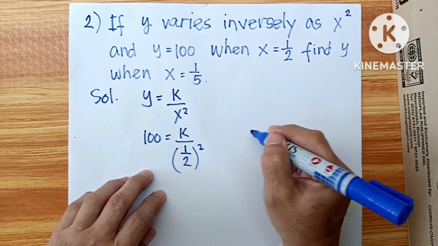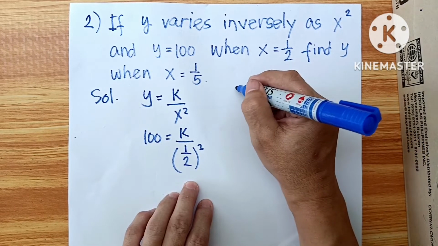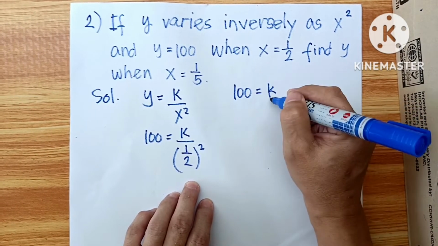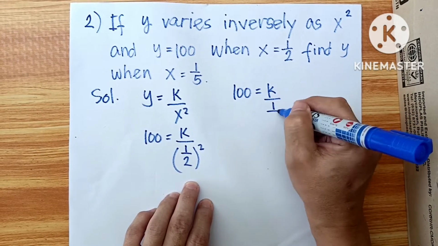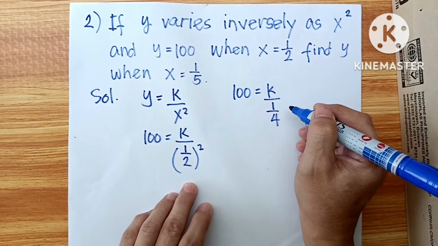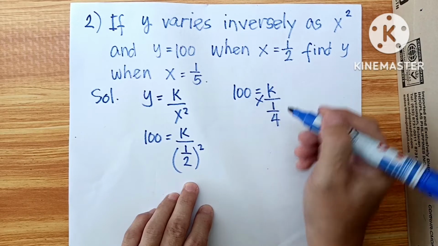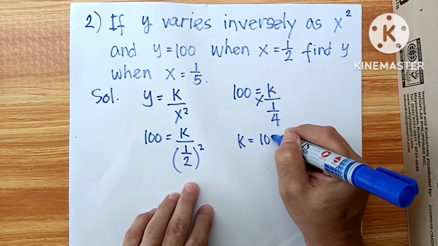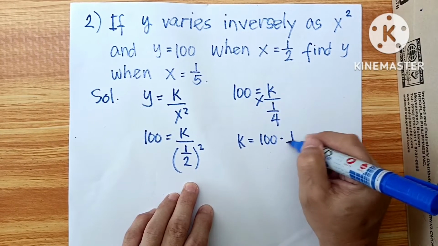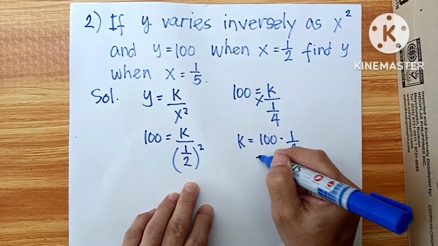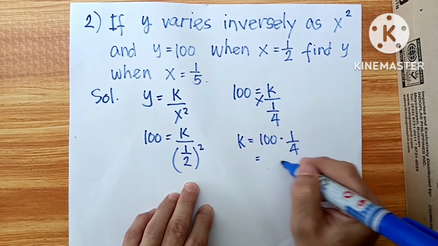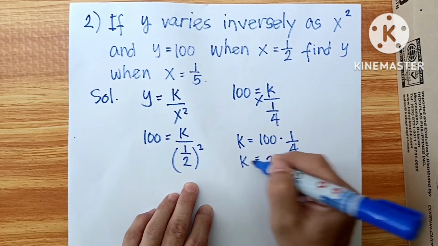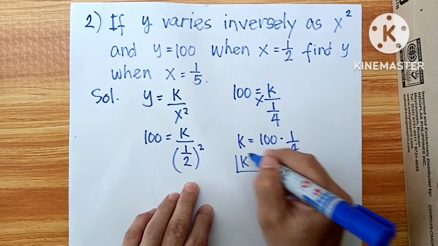So 100 is equal to k over 1/4. Now it will be easier for me to cross multiply. So k is equal to 100 times 1/4, or 100 divided by 4 is 25. So this is our k.